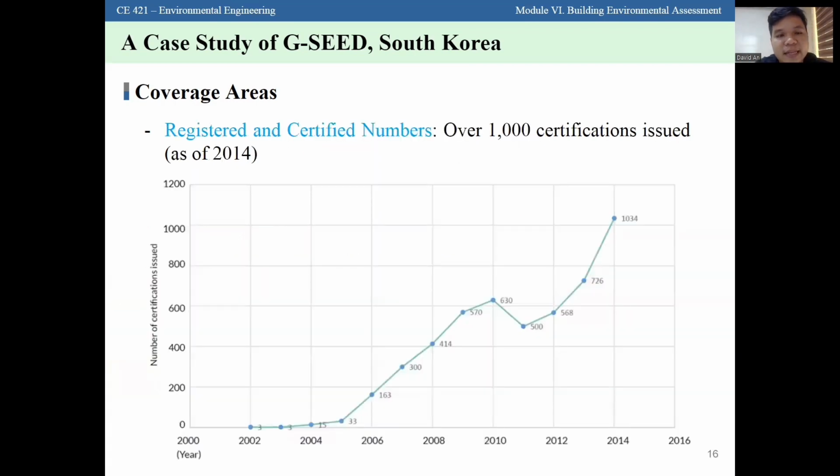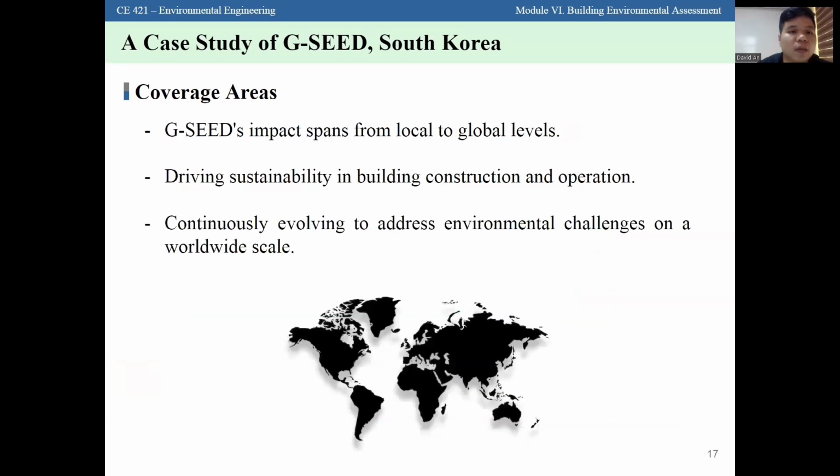And here is the data so far. It was developed in 2002, and from 2002 to 2014, over 1,000 buildings have been issued certification.